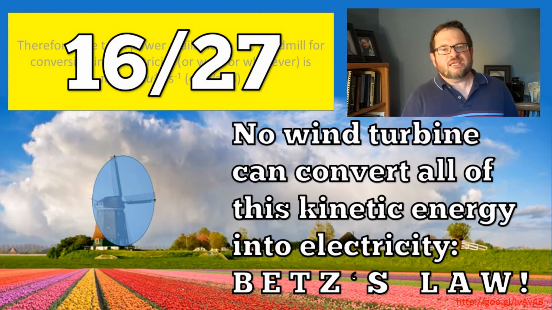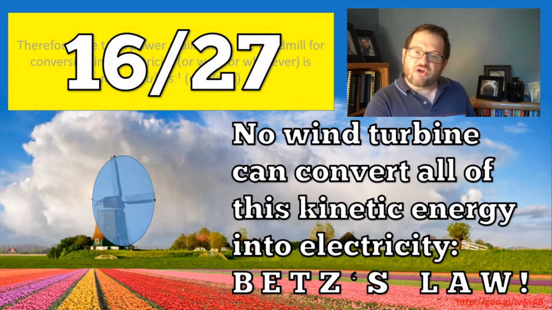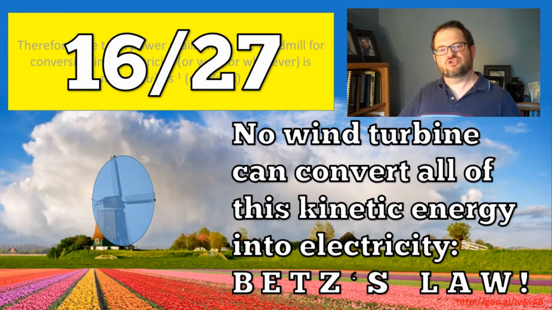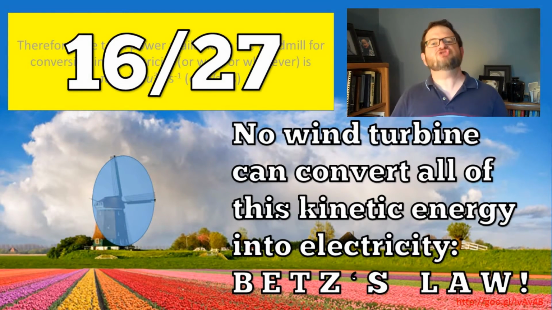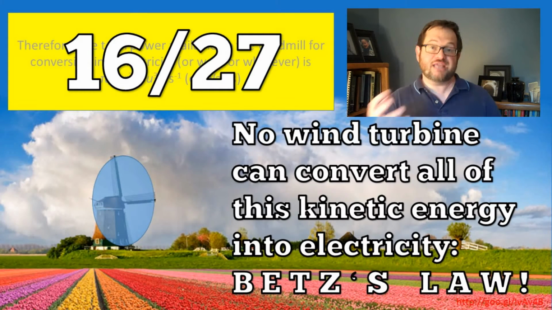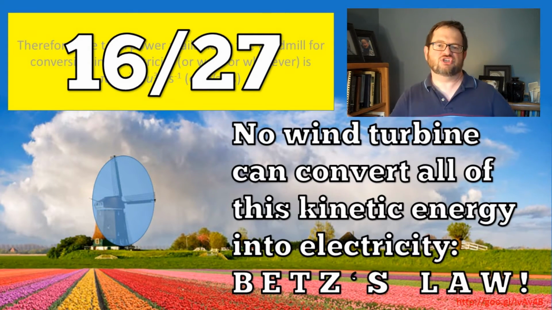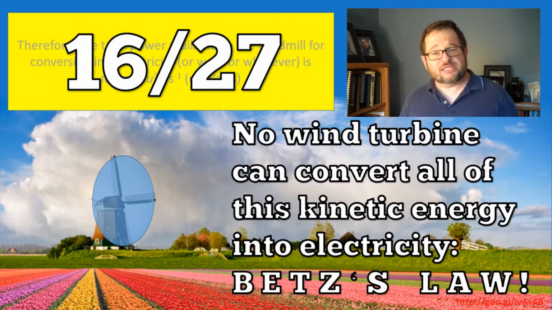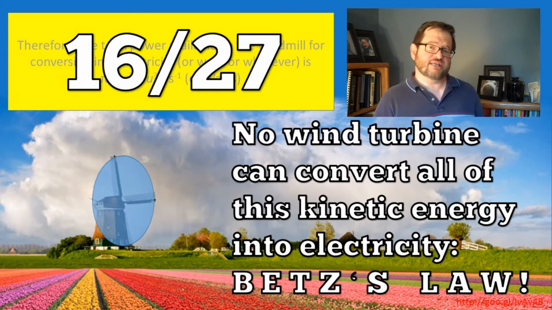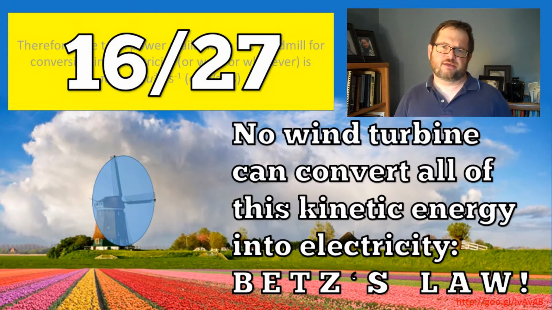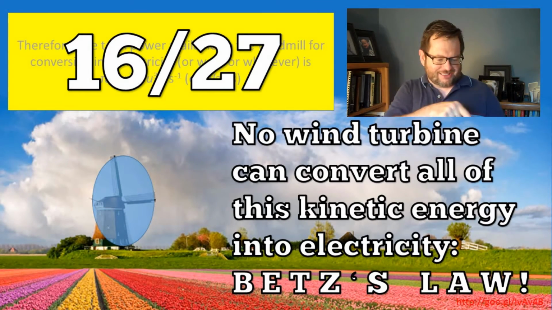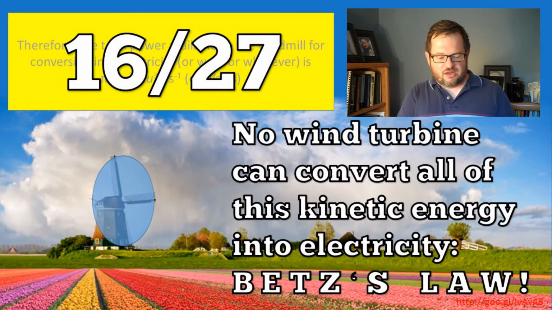No matter what the wind speed is, and no matter how much kinetic energy the air has, the best a windmill can do is harvest 16/27 of that energy, capture it, and convert it into electricity or whatever. 16/27 works out to really close to 60%. It's 59.5 or something like that. Now, in the next lecture, we're going to find out why there is this limit, and why it's that weird number, but for now, that's good enough.